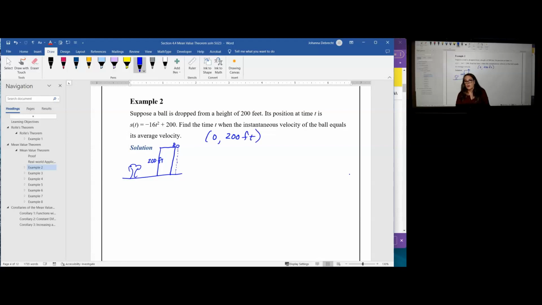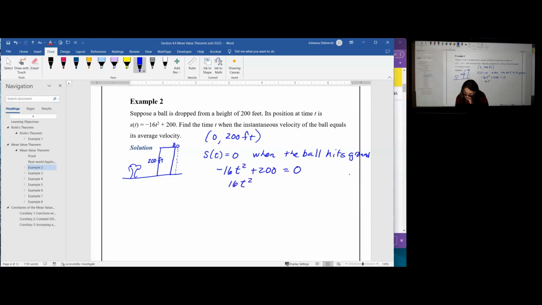We need to know at what instant it hits the ground. In other words, we need to know when S of t is equal to 0. What is that time? In order to find that, we take S of t and set it equal to 0 to find when the ball hits the ground. This means negative 16t squared plus 200 equals 0.